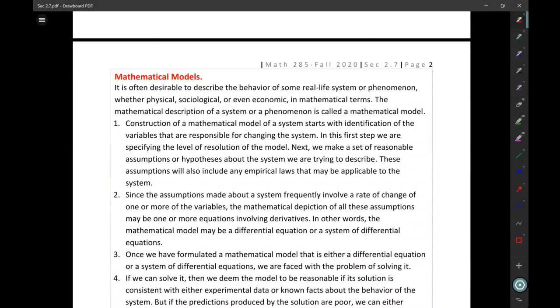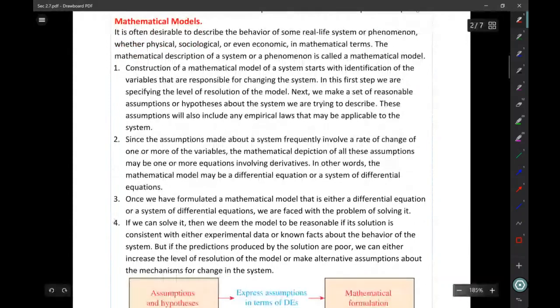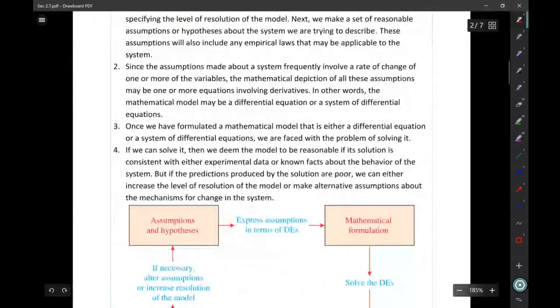I mean the physics people who were working in any phenomena or any nature problem. They found that when they try to transfer their problem into mathematical symbols, it becomes a differential equation. It could be first order, second order, or a higher order.